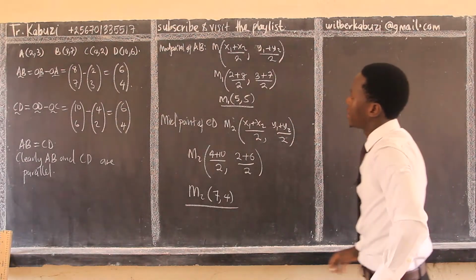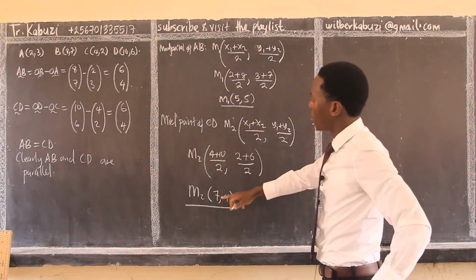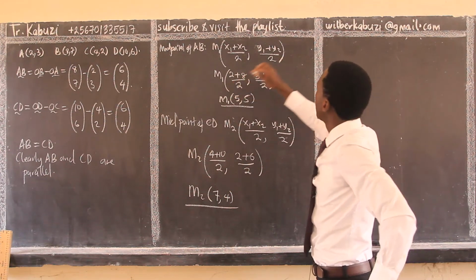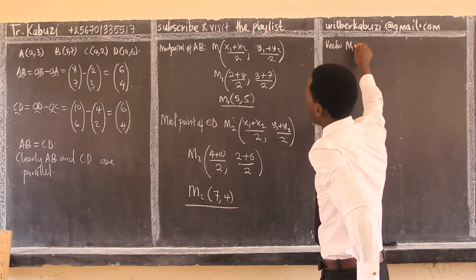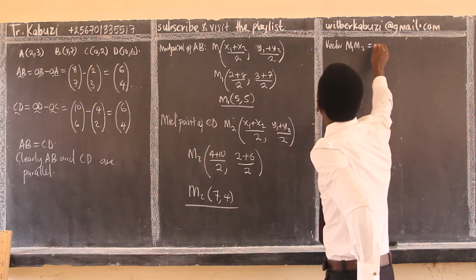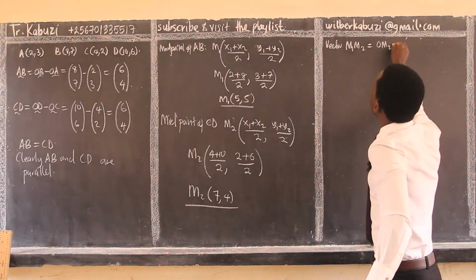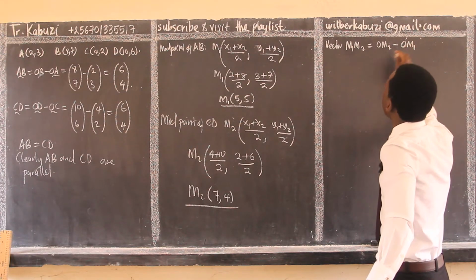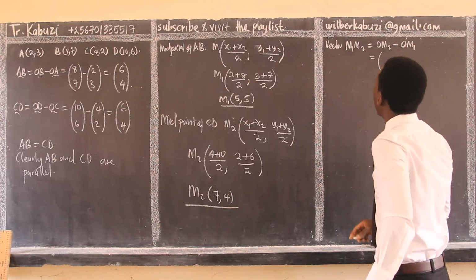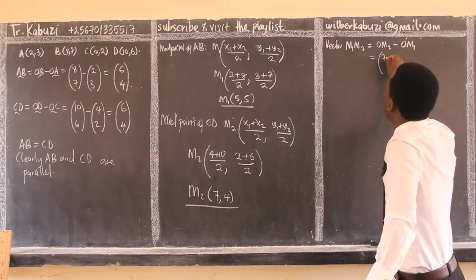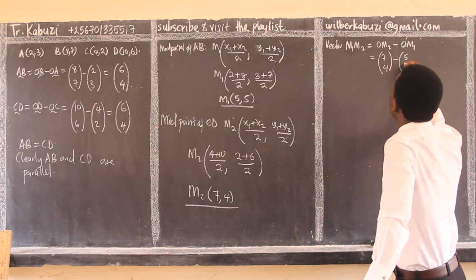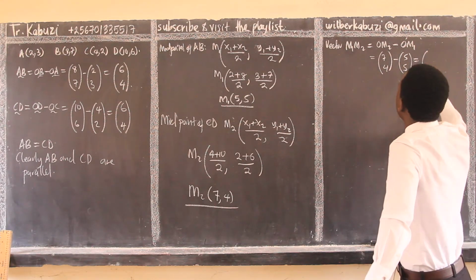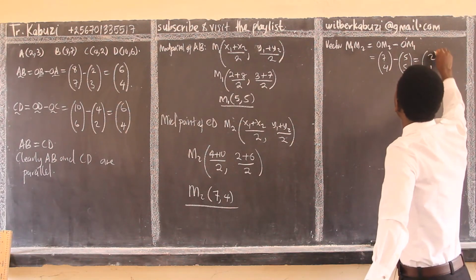If I'm to use vectors, I can say I'm going to get vector M1M2, which will be OM2 minus OM1, which will be our OM2, which is (7, 4), minus (5, 5), which will give us (2, -1).